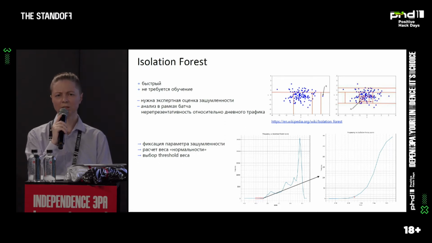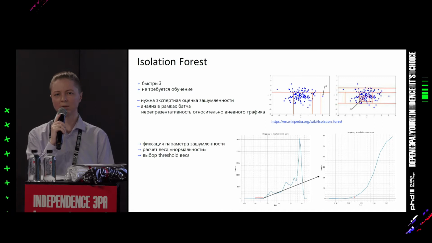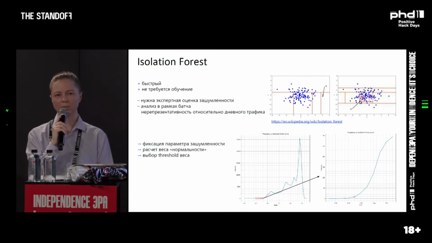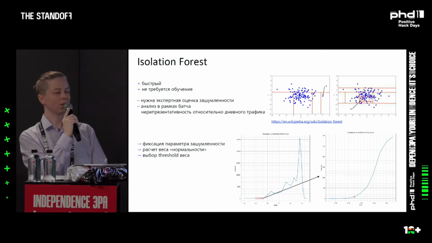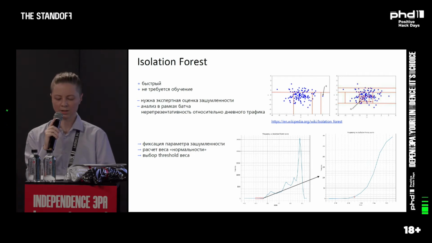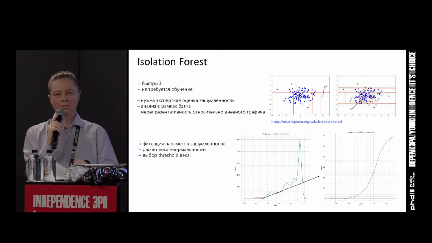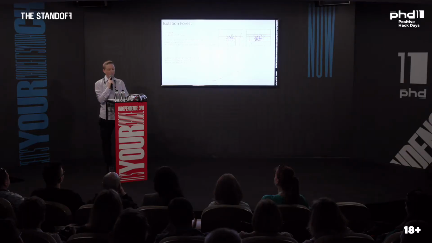How did we decide that? We fix that contamination parameter. Isolation forest allows us to get the weight of normality of the event. We measured and calculated the normality weight for each event, made up a histogram and identified thresholds.